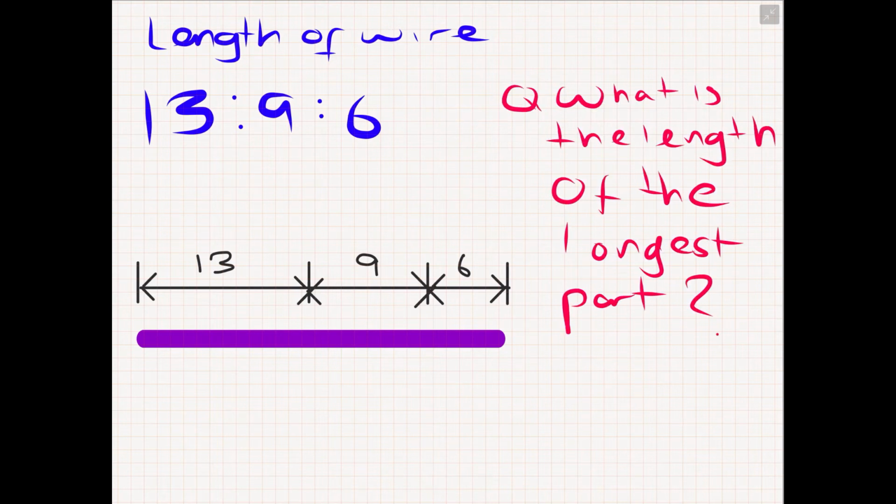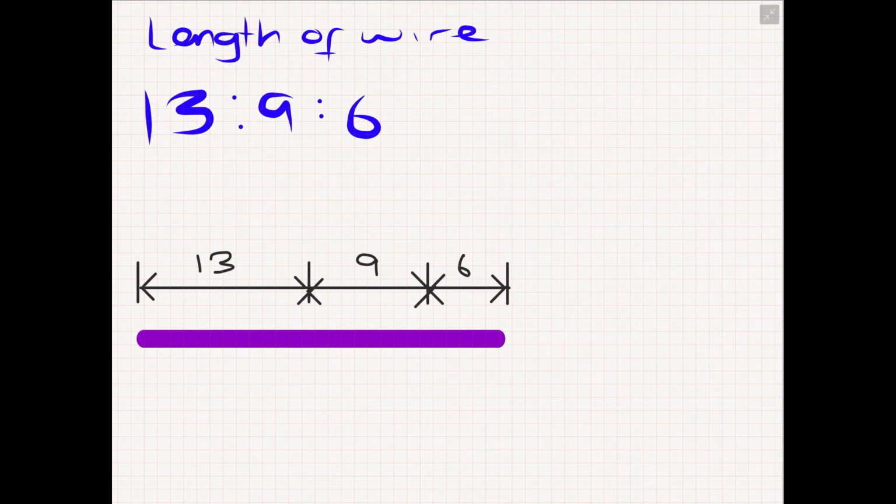So the question we'd like to ask, what is the length of the longest part? Well, before we can answer that, we need to work out what a single part consists of. Because if we know that the total number of parts is equal to 28, then all we need to know is the actual length of the item and divide it into 28 parts.